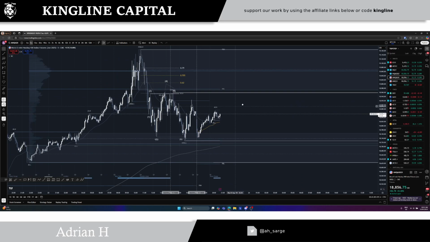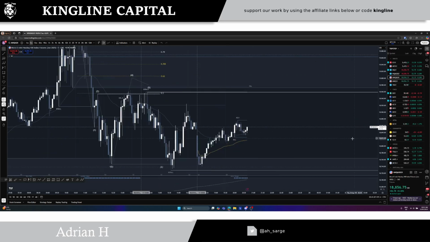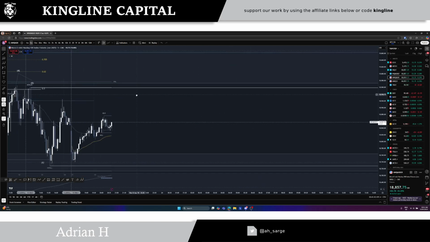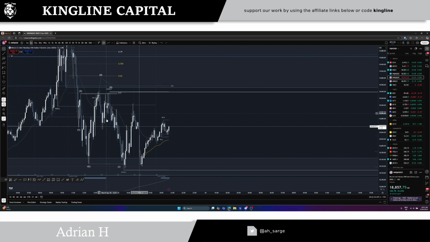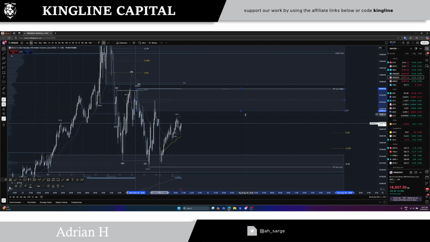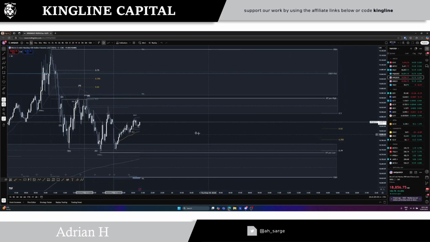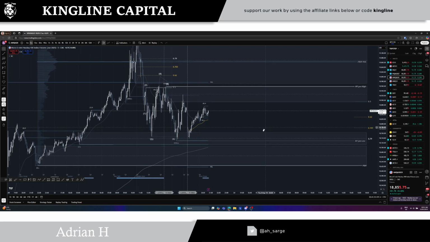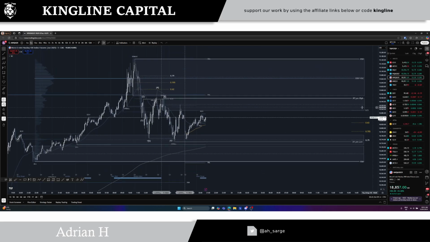Flip the 20 SMA there. VWAP underneath. There's no real other clear zones. We'll grab this swing here from the 4-hour candle. See, coming up to 50% there. What time are we now?